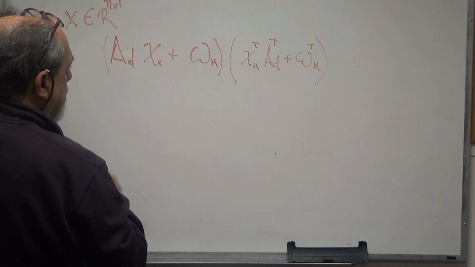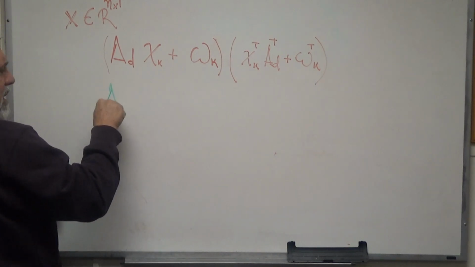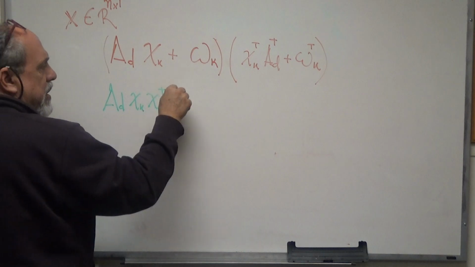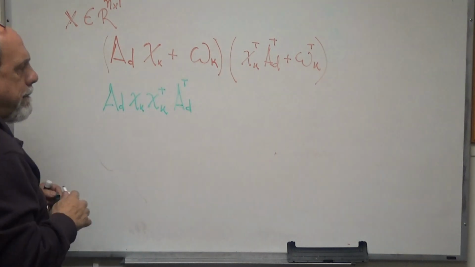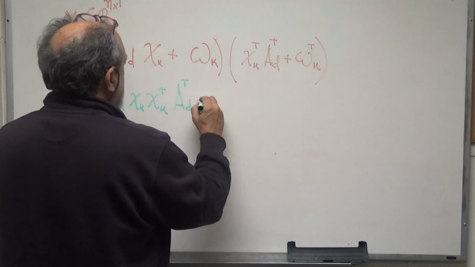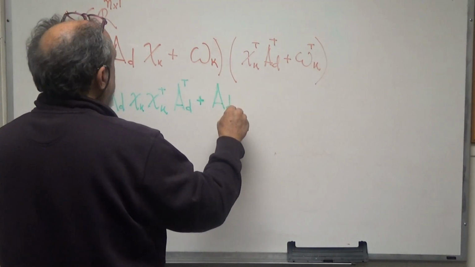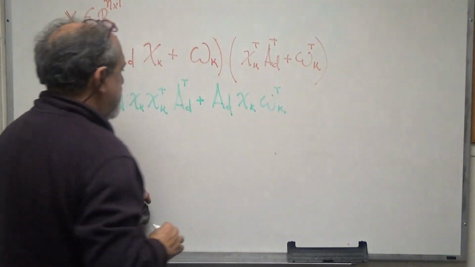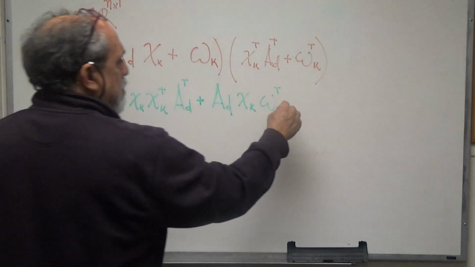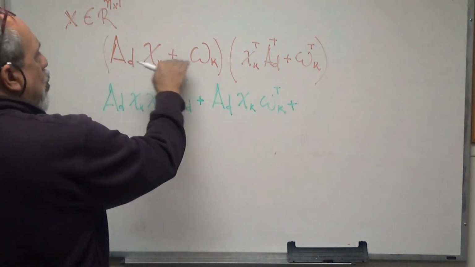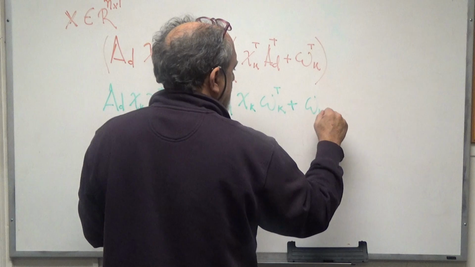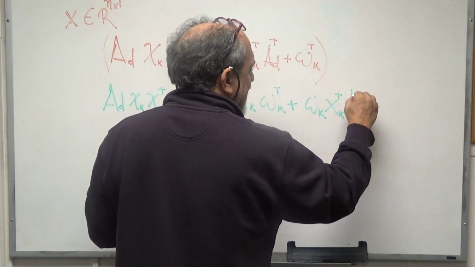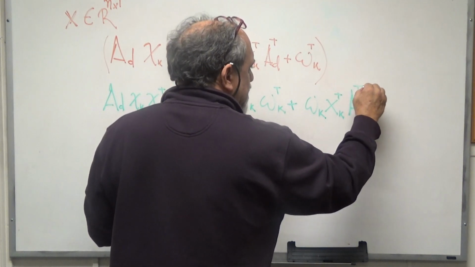try the green for a minute, we get AD times xk multiplied times xk transpose times AD transpose, plus we get AD times xk times omega k transpose, and we get plus omega k times xk transpose times AD transpose.